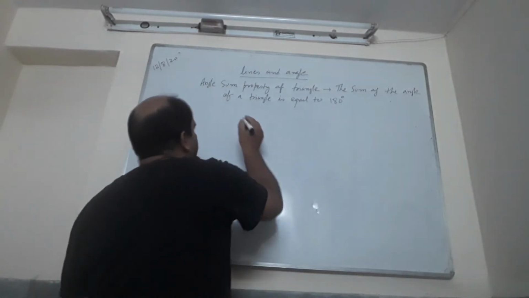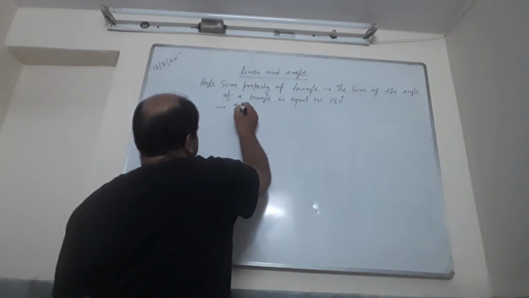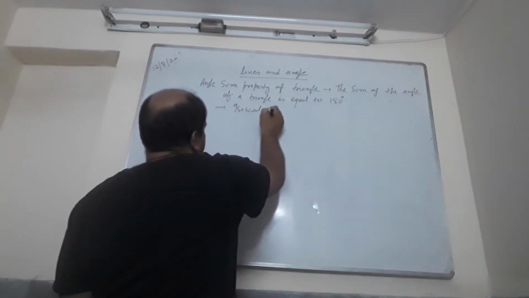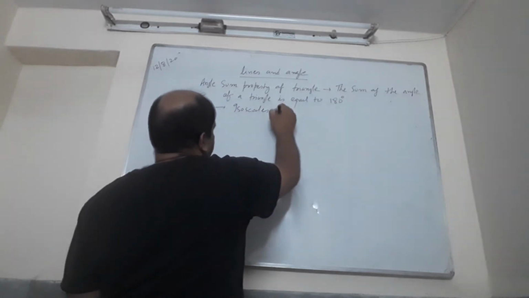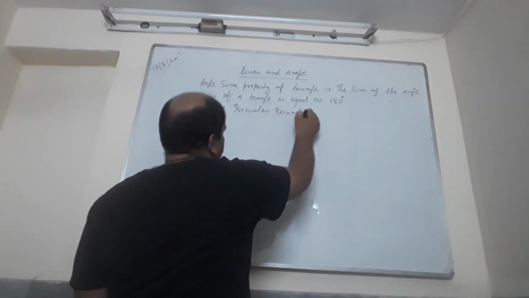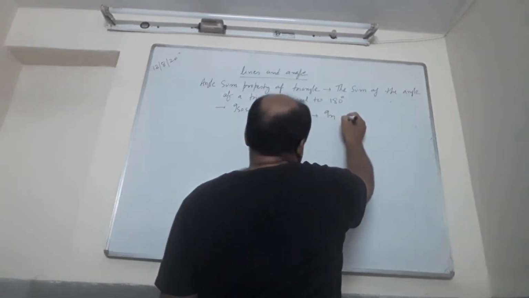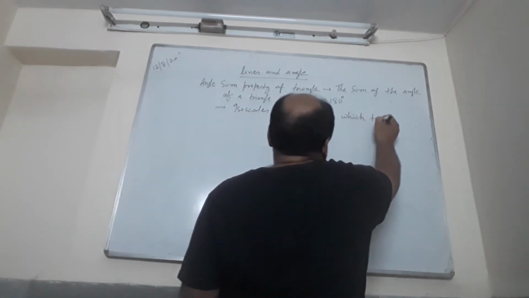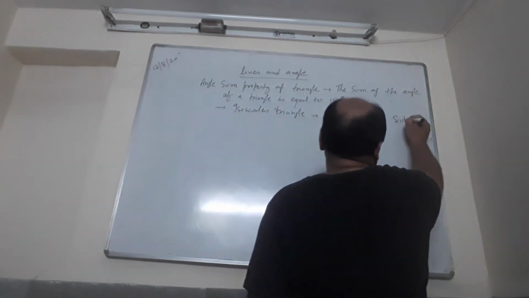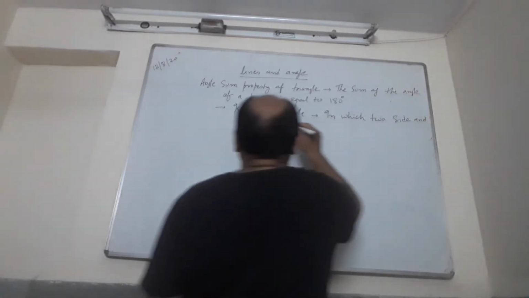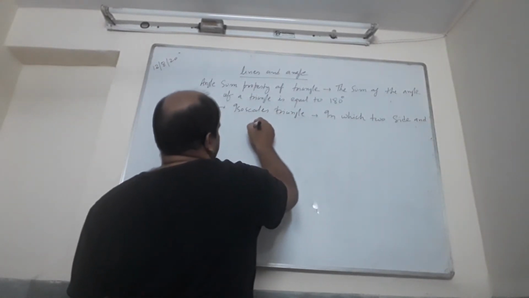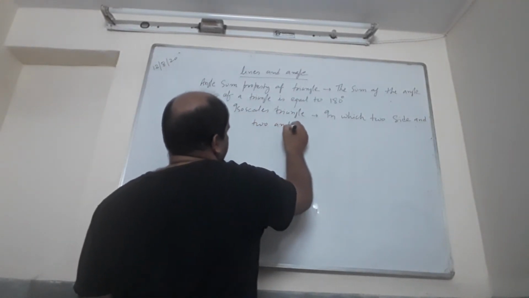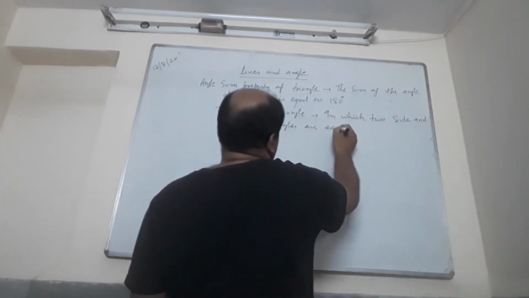And for this we should know the property of isosceles triangles, in which two sides and two angles are equal.